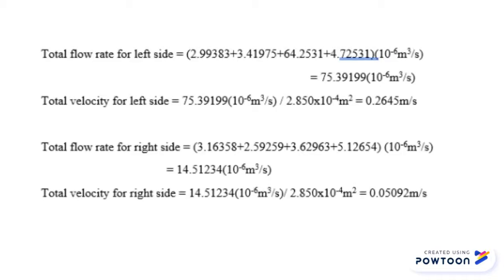The total velocity for the left side is 0.2645 meter per second. The total flow rate for the right side is 14.51 times 10 to the power of -6 meter cube per second. The total velocity for the right side is 0.05092 meter per second.